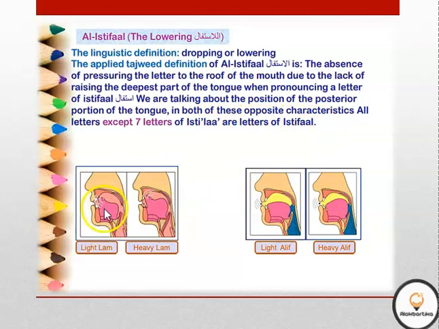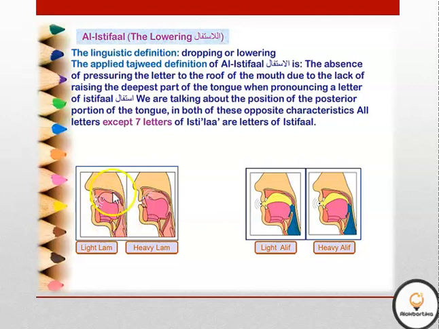See here, the light lam and heavy lam have been shown, as we have discussed that lam and alif, that means the alif mad, can be tafkhim in some cases and tarqiq in some cases. So when the tarqiq lam is being pronounced, our lower part of the tongue remains flat.